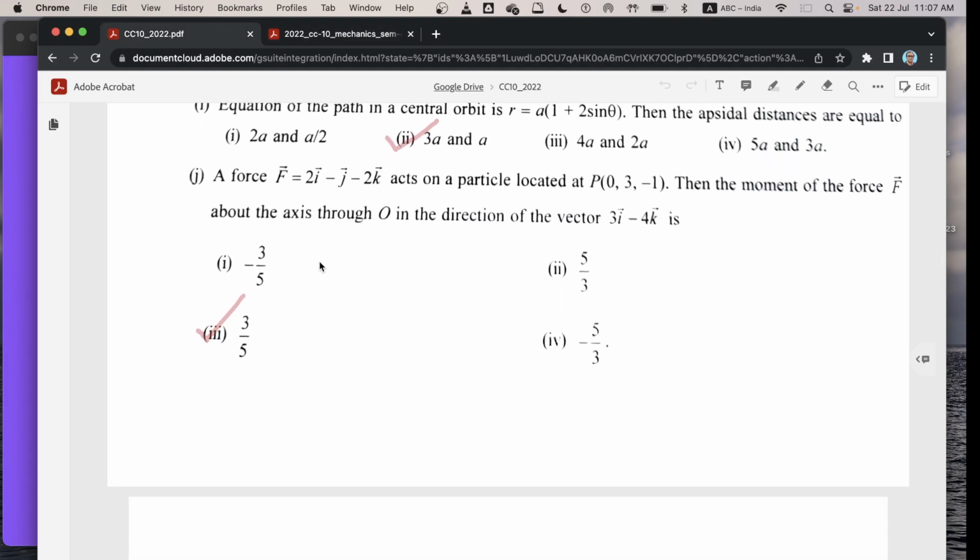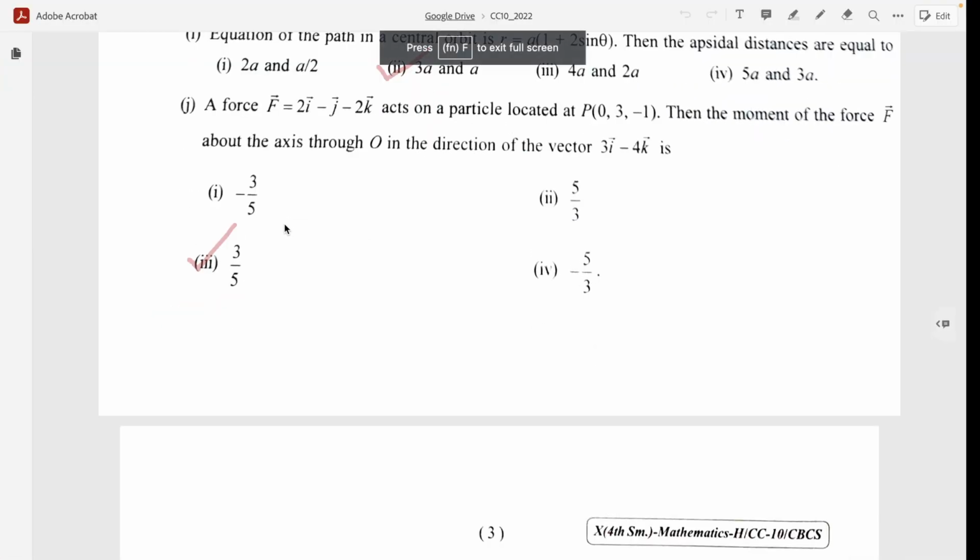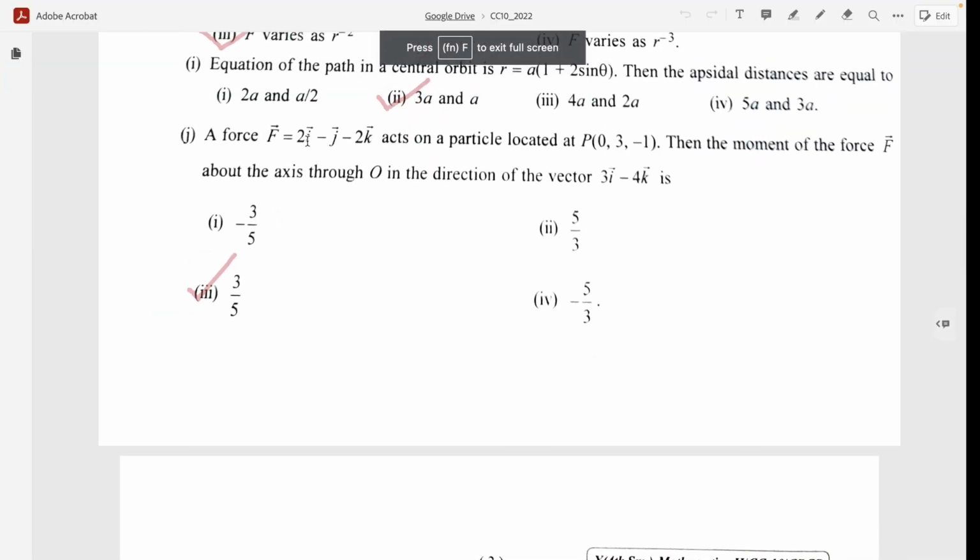Question J, the last question. A force F vector equals 2i cap minus j cap minus 2k cap acts on a particle located at the point P(0, 3, minus 1). Then the moment of the force F vector about the axis through O in the direction of the vector 3i cap minus 4k cap is, the correct option is 3: 3 by 5.